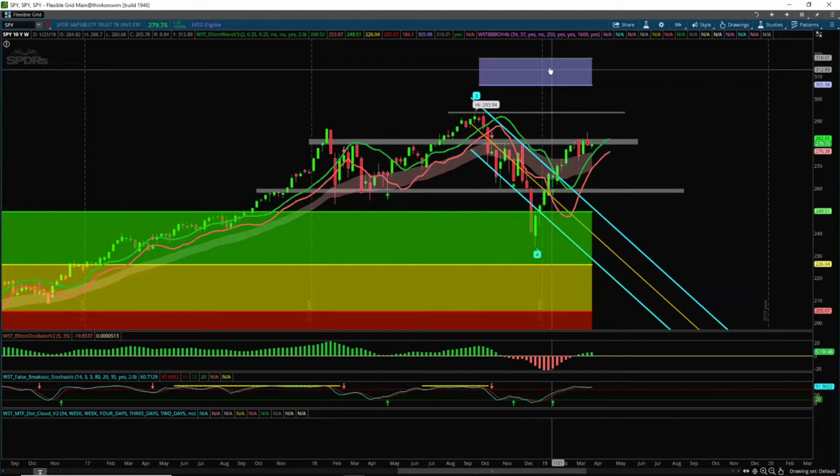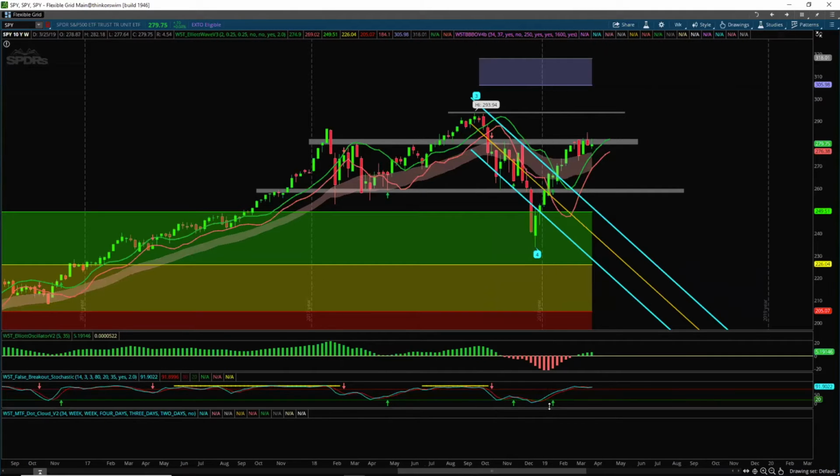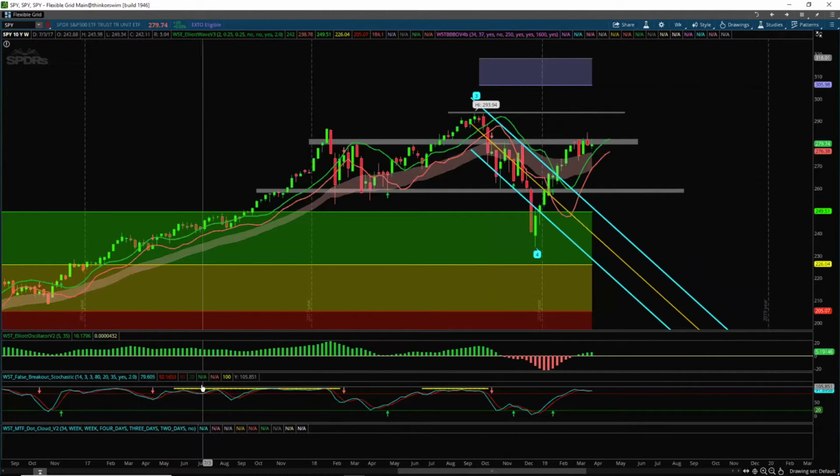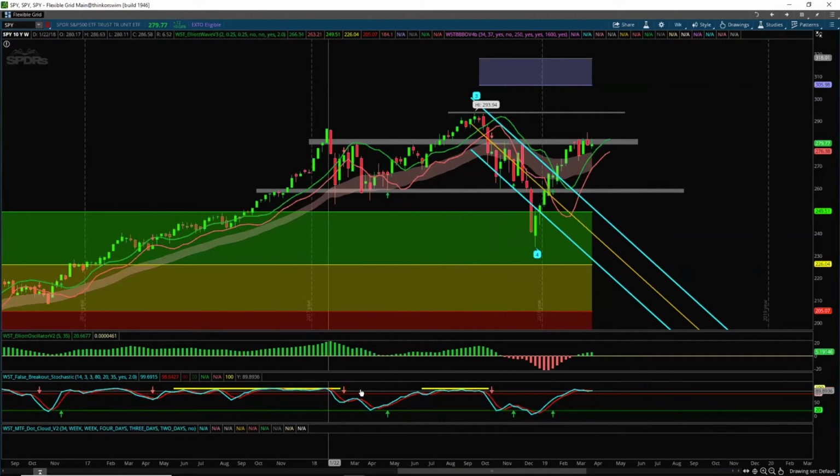So the bias is that the probability is that that 5th wave target is going to be moved. We're going to get new all-time highs on SPY. Backing that up, we've got a false breakout stochastic here showing a really strong bullish trend with these yellow dots in the overbought zone. When the stochastic crosses over back against there and then wants to go back, it almost wants to rejoin that main bullish trend.